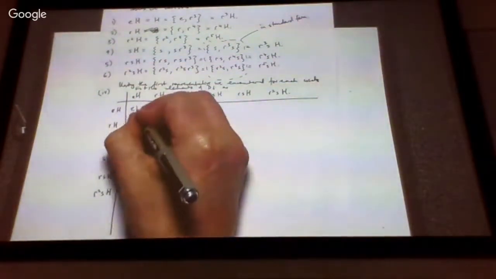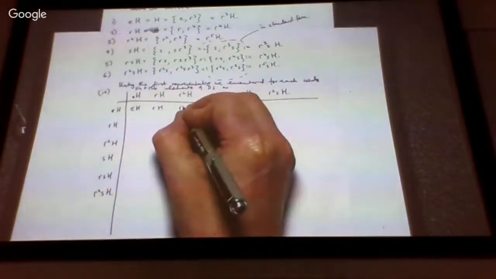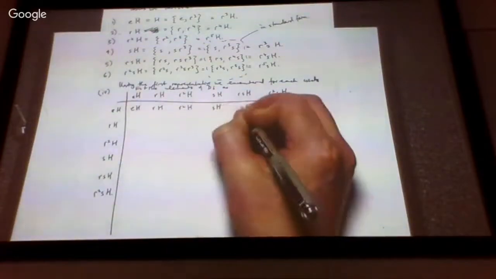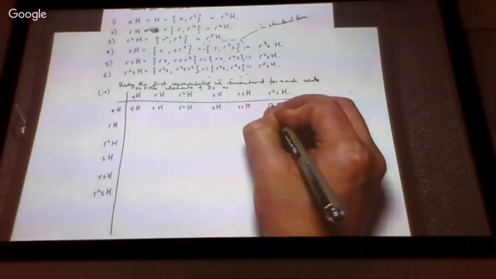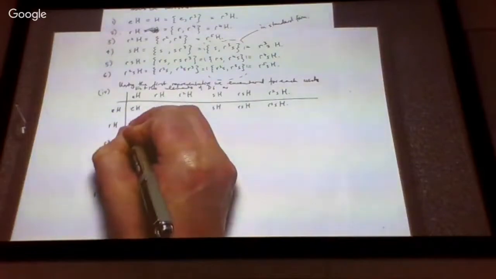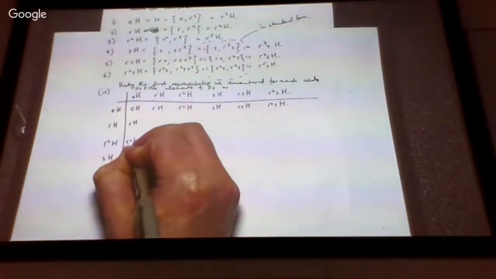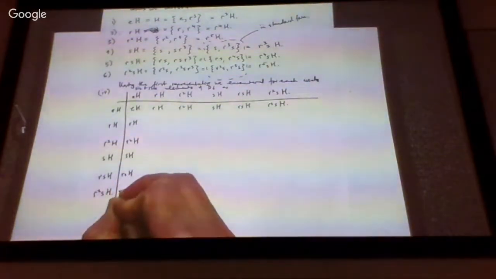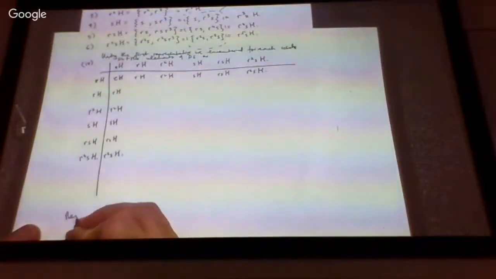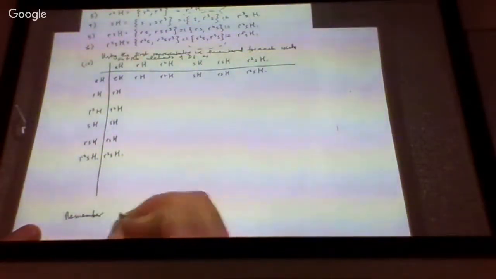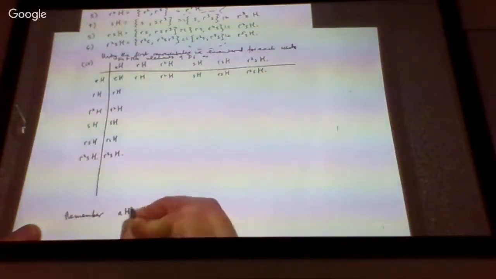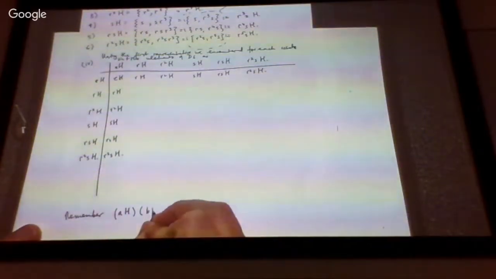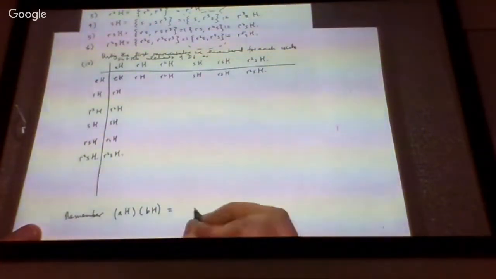Yikes. But the first row is just a repetition of the row labels, yeah? So you're multiplying by the identity. So we're computing in the factor group now, remember? Maybe just put a reminder down here. Remember, how do you multiply two cosets?